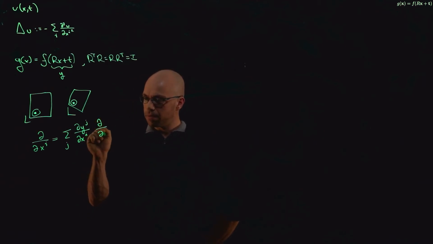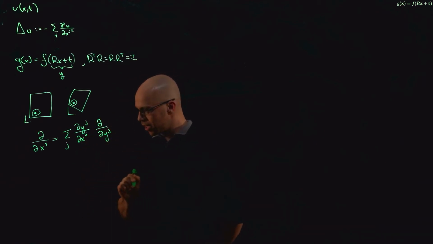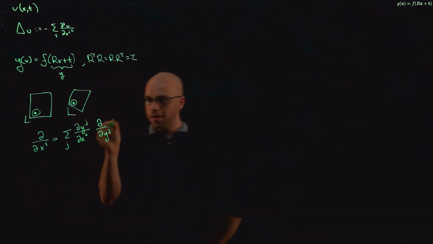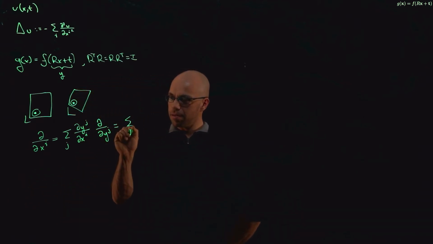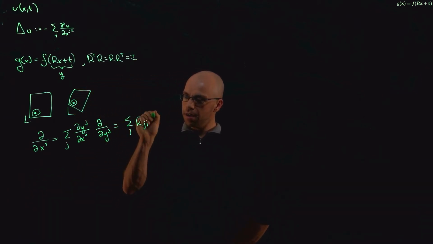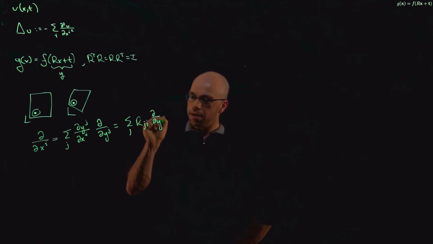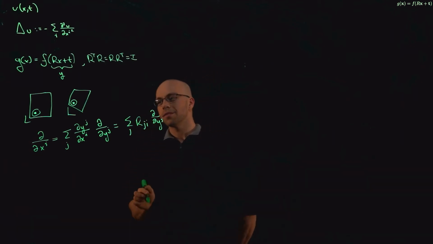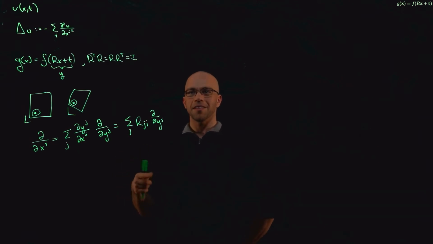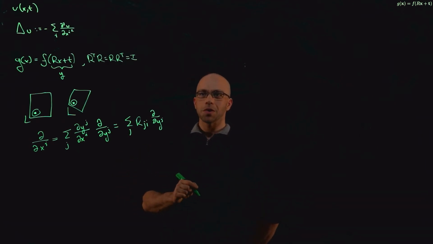This is just the chain rule, okay? And of course, this is the same as the sum of Rji d over dyj. So all I've done right now is just change of coordinates. Nothing too exciting, but okay.